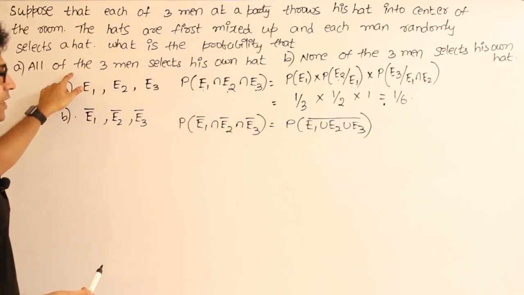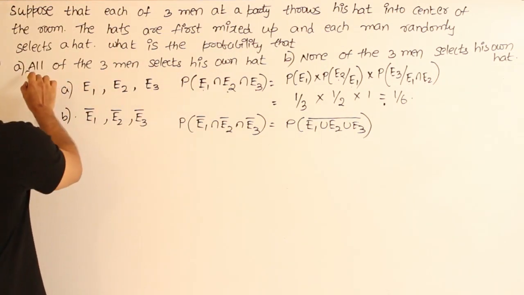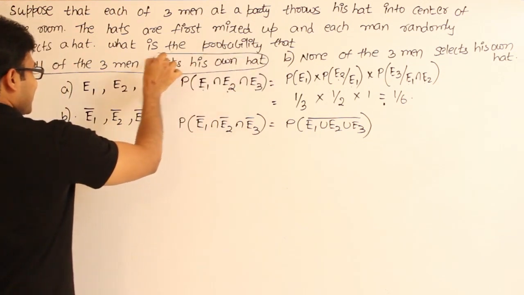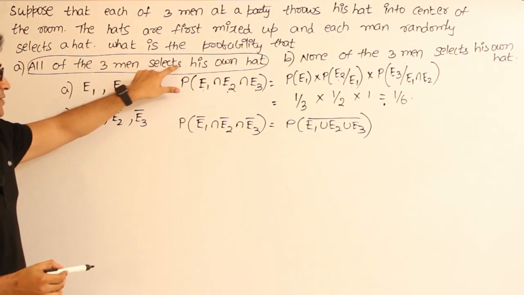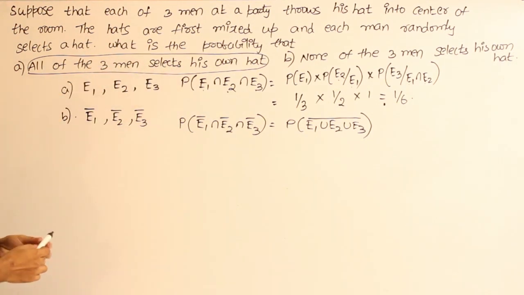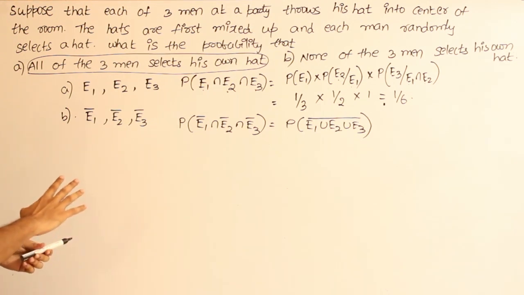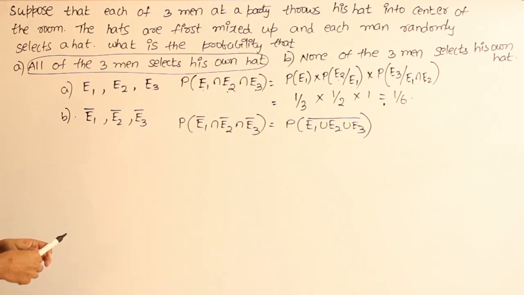Okay, let's see this one. What about the complement of this? It is a bit difficult to explain. Try to understand this. Now if I take the complement of the event that all of the 3 men select their own hat, then it will contain various events. So what are they?